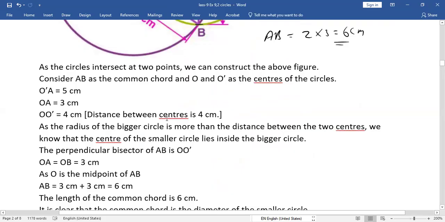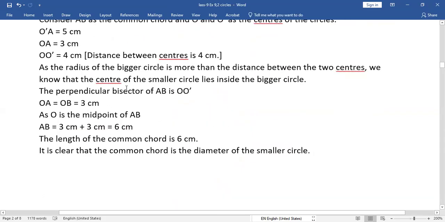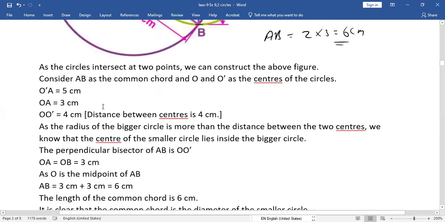Another method is like this. We can do it using the radius of the bigger circle. A is the midpoint of AB. So in the bigger circle, the distance between the centers is 4 centimeter, and the midpoint bisects the chord, so 6 centimeter. Look at this also.